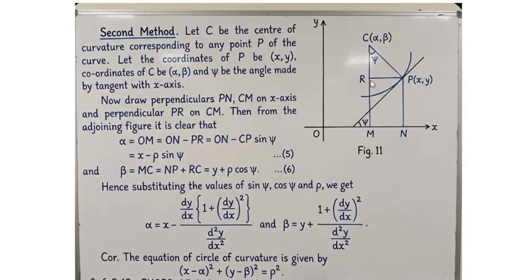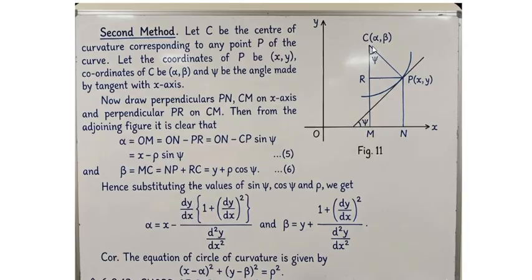Similarly, beta is equal to MC here, and CM can be written as RM plus CR. RM can be written as NP, and NP is nothing but y. RC is nothing but rho cos psi, because cos psi is equal to adjacent divided by hypotenuse.